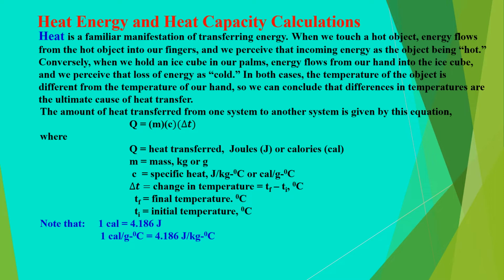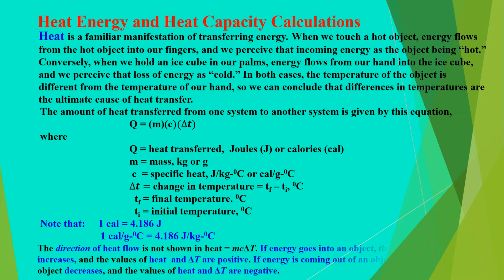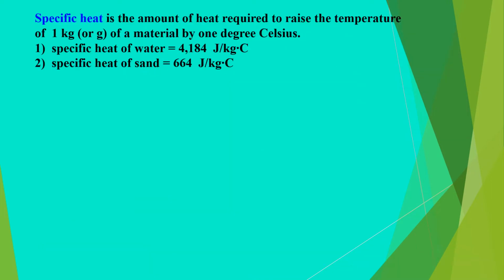Delta T is the change in temperature, that is final temperature minus initial temperature. And we note that 1 calorie is 4.186 joules, and 1 calorie per gram per degree Celsius equals 4.186 joules per kilogram per degree Celsius.